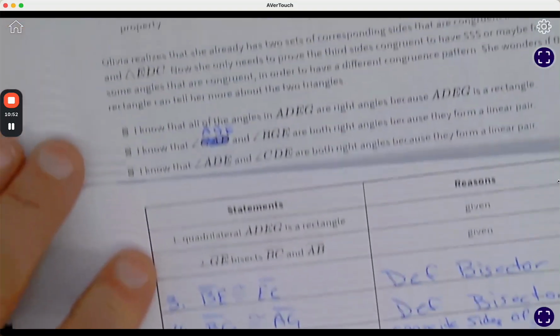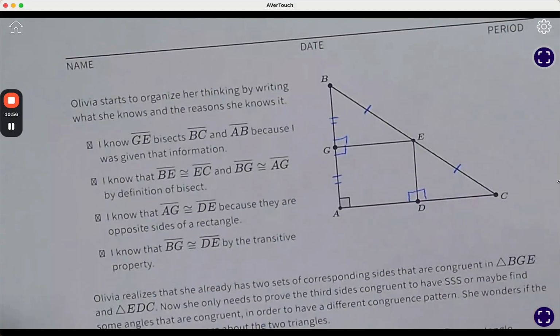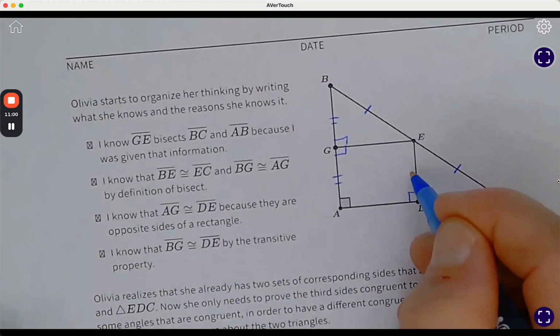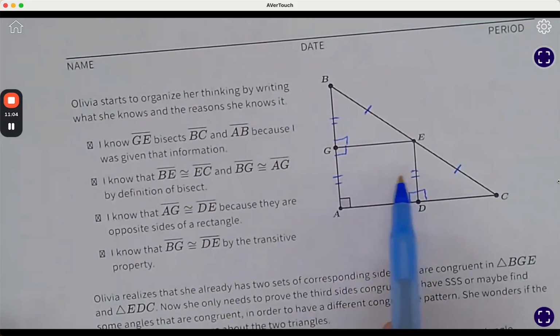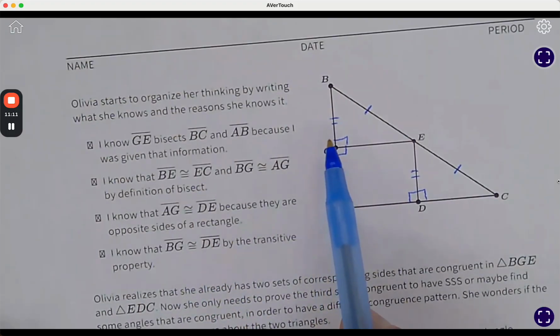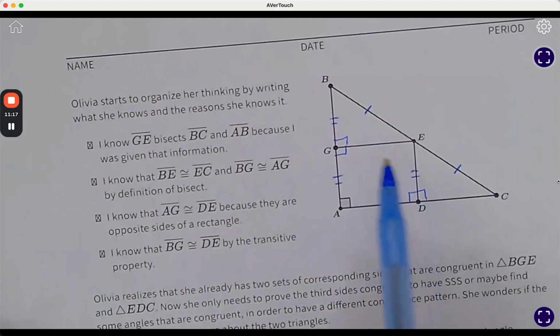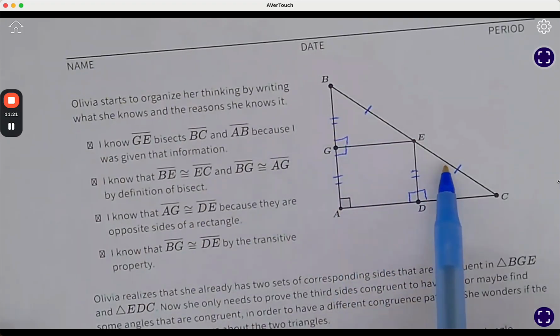So let's put in some more information. ADE, so we know that's true. We also know that is true because we said that up above, right? We said that right here by the transitive property that BG is congruent to DE. So that's true. So we have that side, and that angle.